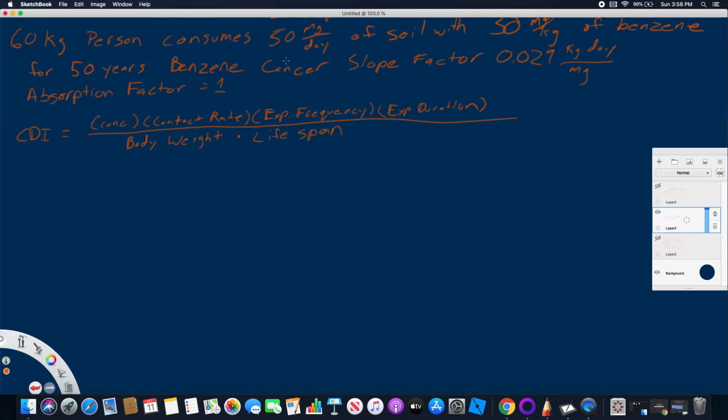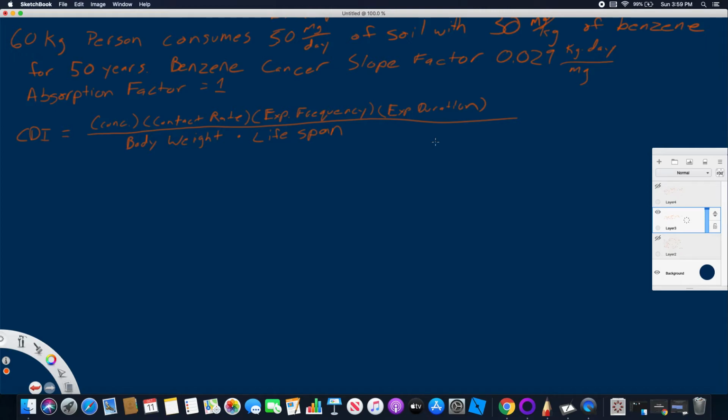So we have the exposure of soil times the actual benzene in the soil. Then your exposure frequency, which in this case, because we didn't specify it, we're going to assume is every day, 7 days a week. This could be different if it's a worker. It might say 5 days per week, so you'd have 5/7 of a year.